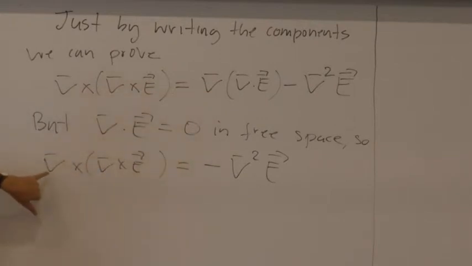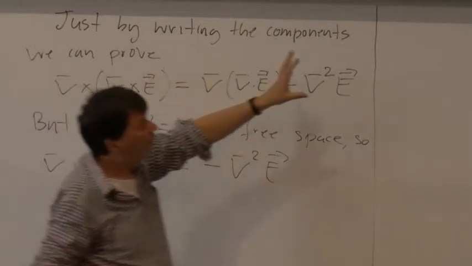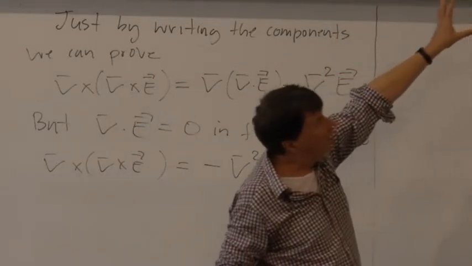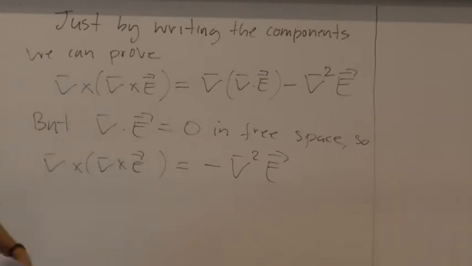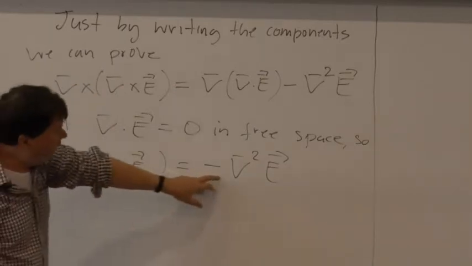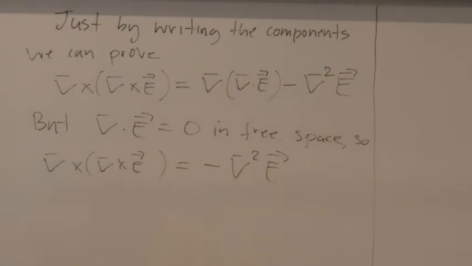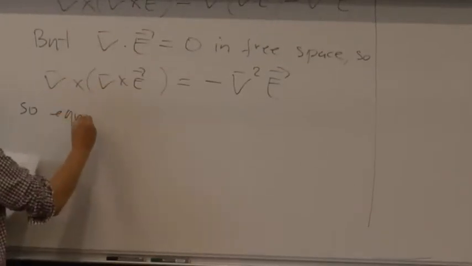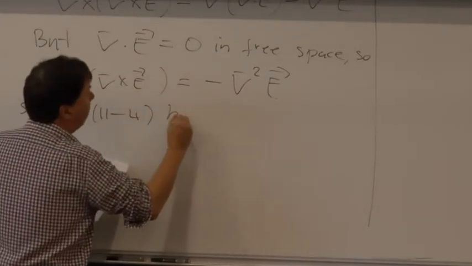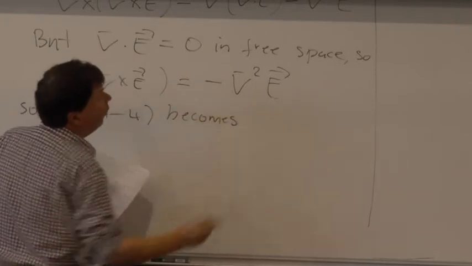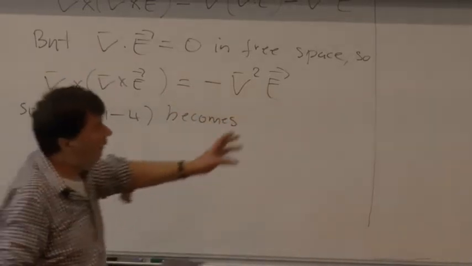And given that approximation, we can replace the curl of the curl on the left-hand side of equation 11.4 with minus the Laplacian applied to the same field. So equation 11.4 becomes, well, again, I'm just going to take out the minus signs.